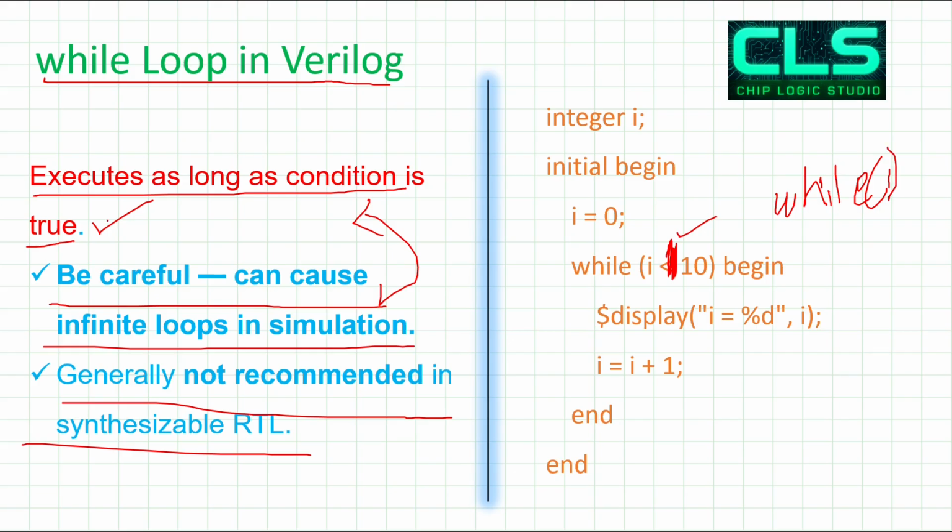So it will keep executing as long as the condition is true, and it will execute as an infinite loop in this case. You should remember this. The rest is simple: while, condition check, then execute, and end.